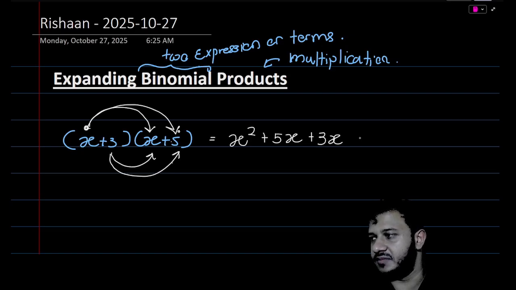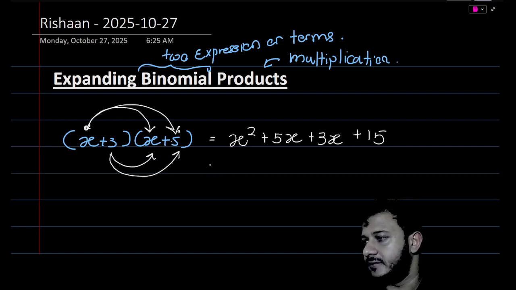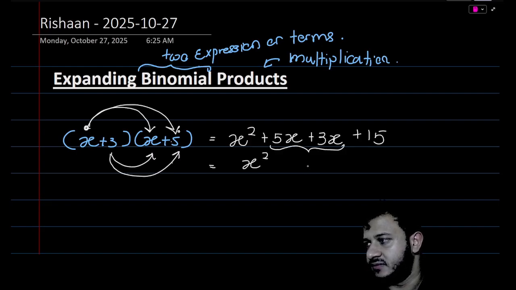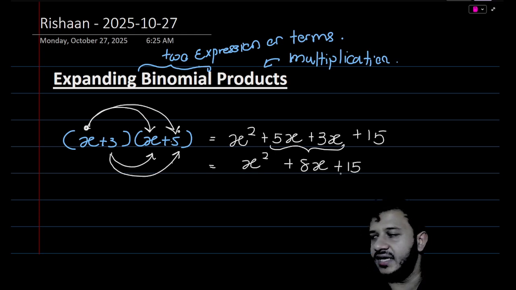Then second term times second term: 15. Alrighty. Then we got x squared, 5x plus 3x. How much is that? 8x. Plus 15.